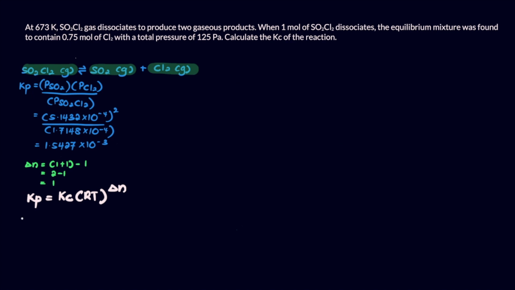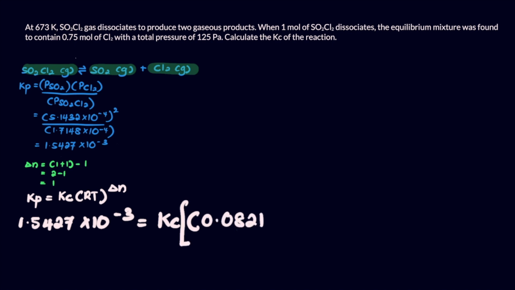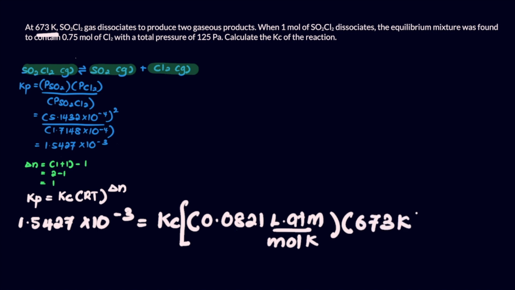So your Kp, 1.5427 times 10 to the power of negative 3, is equivalent to your Kc times, and then your R is 0.0821 with the unit liter atmosphere divided by mole Kelvin, and then your temperature will be 673 Kelvin. This value you need to raise to the power of 1.